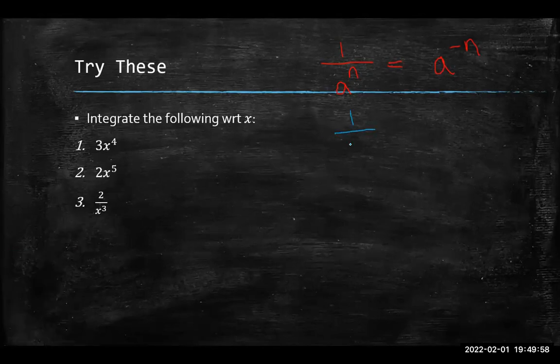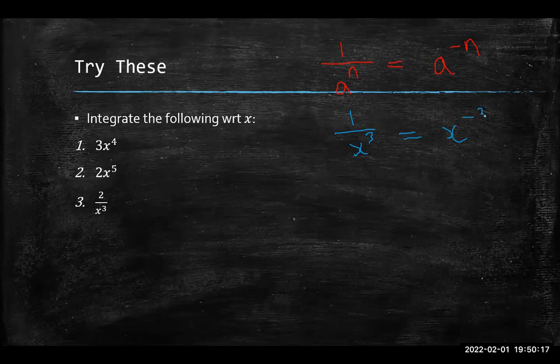If I say 1 on x cubed, A is x, N is 3. According to my law, this would become A, which in this case is x, and then minus the power, so minus N, in this case minus 3.